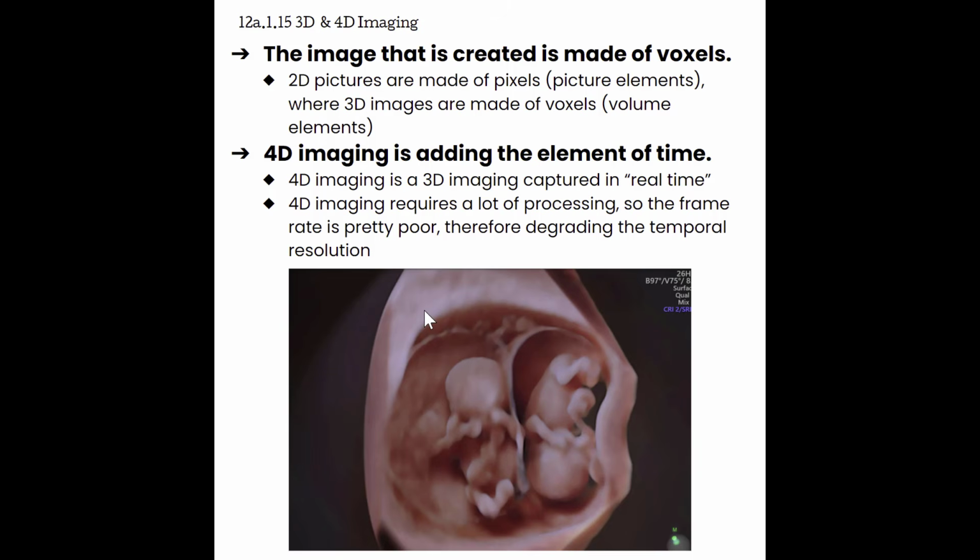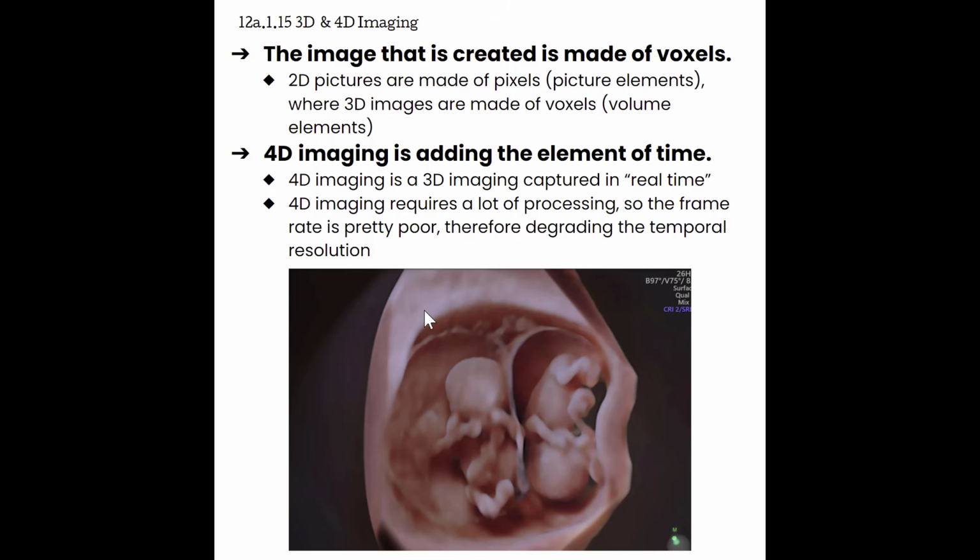So this is where we kind of get the cute, fun pictures that we see. But 3D imaging truly is a volume type of imaging and is still kind of finding its way in the diagnostic world. Again, as of right now, it's mostly for entertainment in the fetal OBGYN practice, but we are finding more and more uses to use 3D imaging for diagnostic pictures.